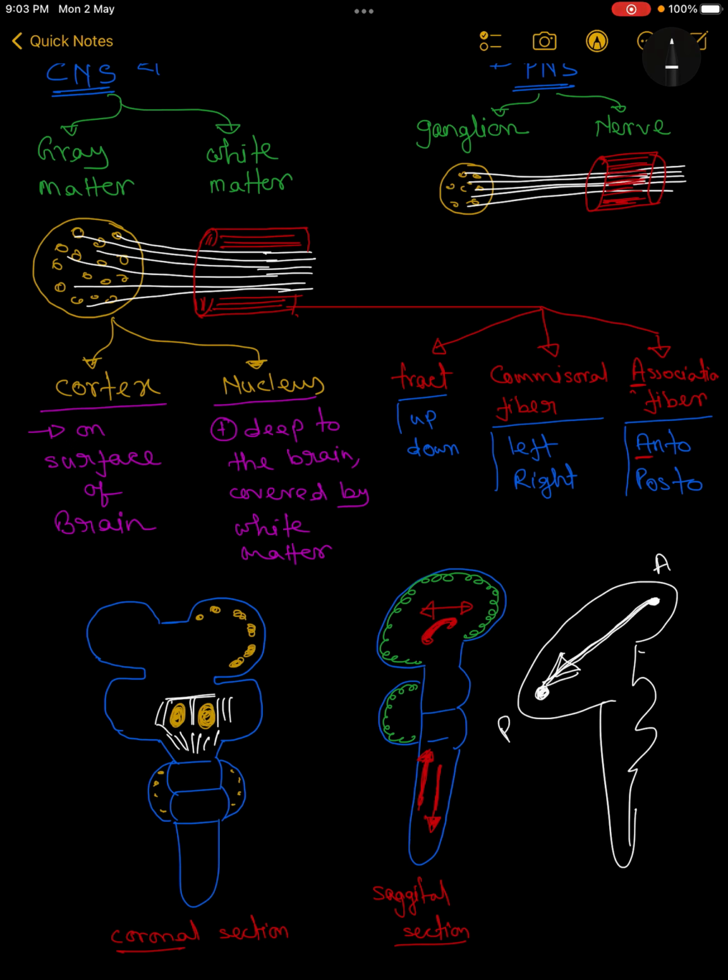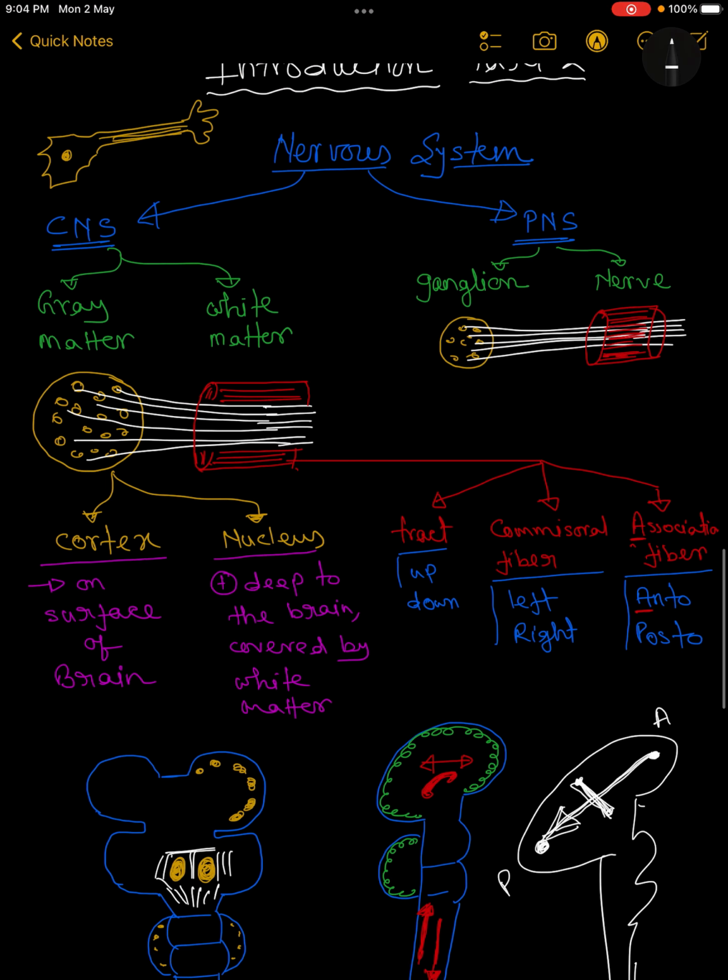If this is anterior and this is posterior, this is association fiber. Again, if this is left and this is right and they have to communicate with each other, they need a path, a connection, and this is our commissural fiber. This is the basic need, the importance of these fibers.